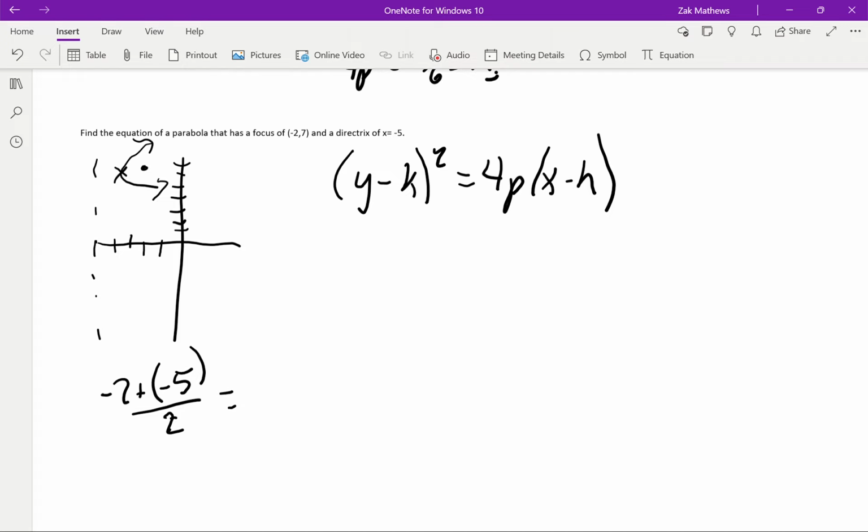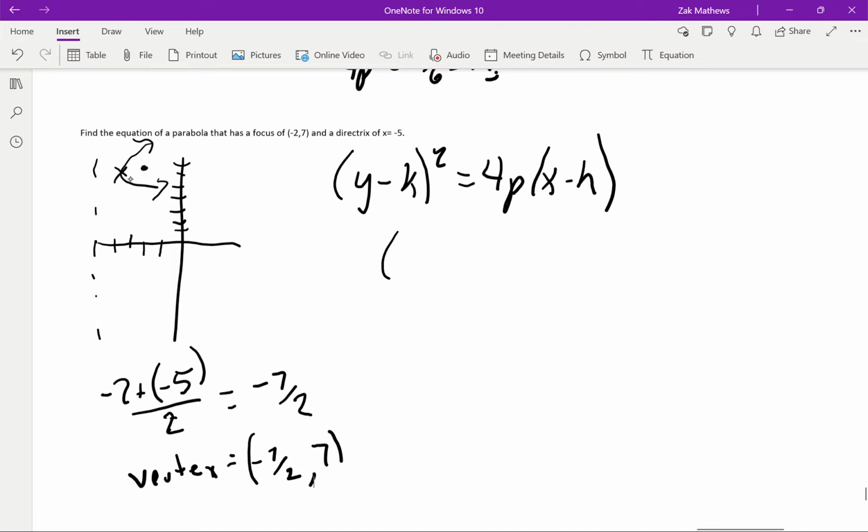But halfway between -2 and -5 is -7 halves, or -3 1/2. So what that tells me is the vertex has to be at the point -7 halves, comma, 7. It has to share one of its coordinates with the focus. It's going to be at the same height. It's just splitting the difference between these two elements.